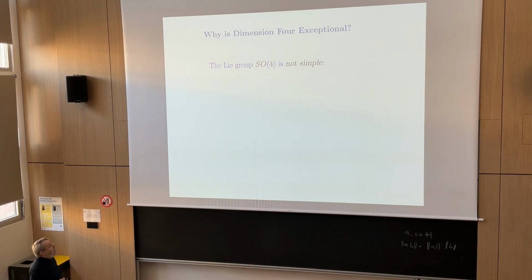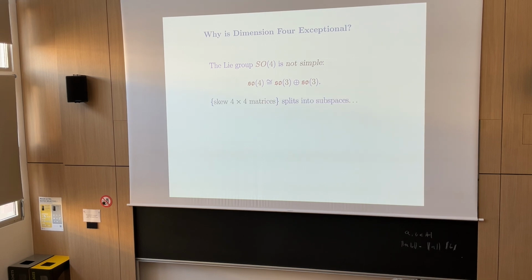All right, so when you look at this on the level of Lie algebras, what you conclude is that SO4 has to be a sum of two other Lie algebras, and each of those Lie subalgebras has to be isomorphic to SO3. Now, what is the Lie algebra of SO4? It's the skew 4x4 matrices. This is saying that if you have a skew 4x4 matrix, you can represent it in terms of two skew 3x3 matrices.